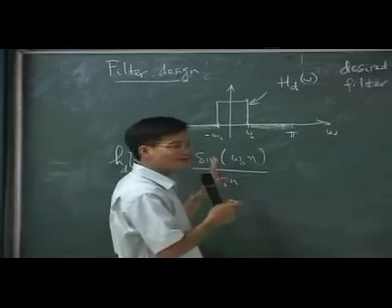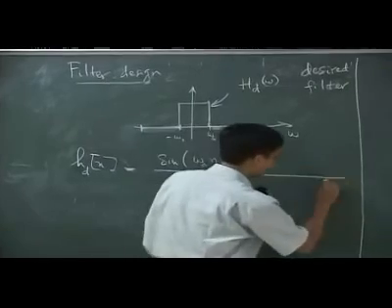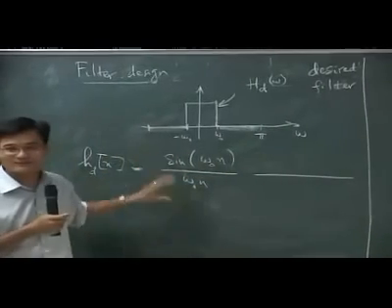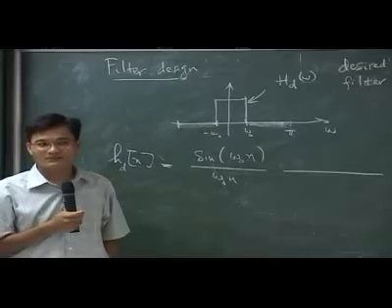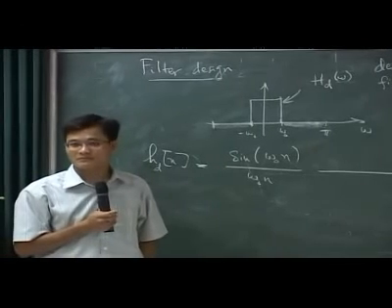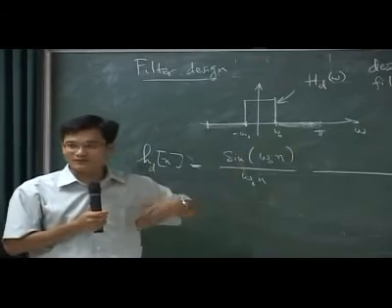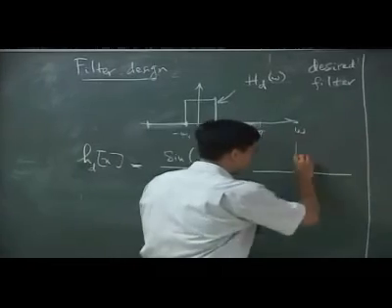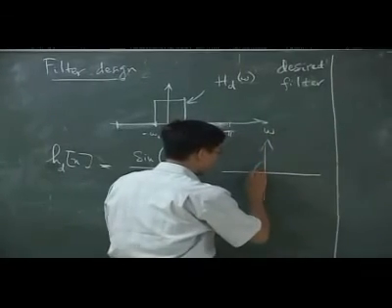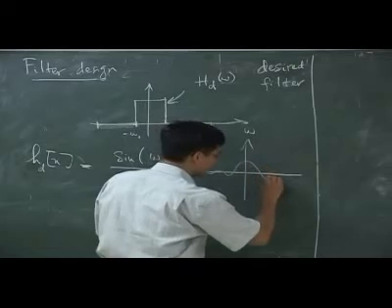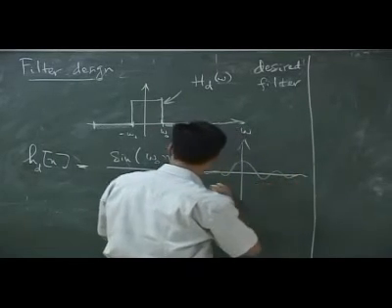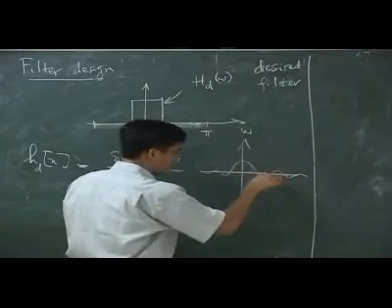But it's my message I want to get across. What is the problem with that filter? It goes on forever. The sinc function is going to wiggle, and even though it dies down, it goes forever, and you have a sample here.